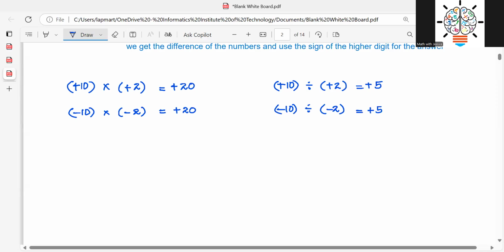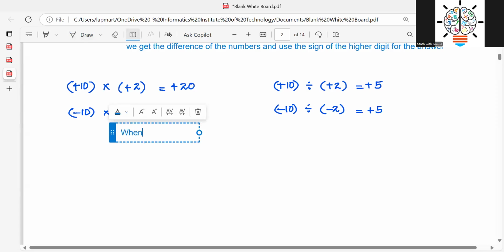When you multiply the same sign numbers, positive, positive or negative, negative, you always get a positive answer. And when you are dividing numbers with the same sign, positive, positive or negative, negative, always you get a positive answer. So then we'll write the explanation.